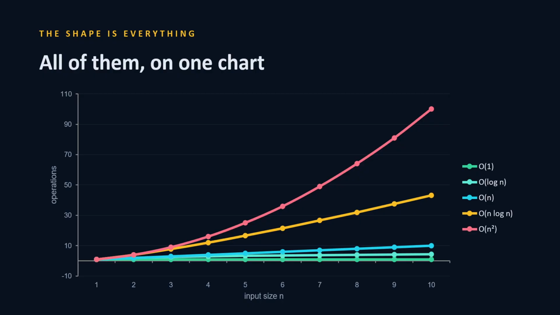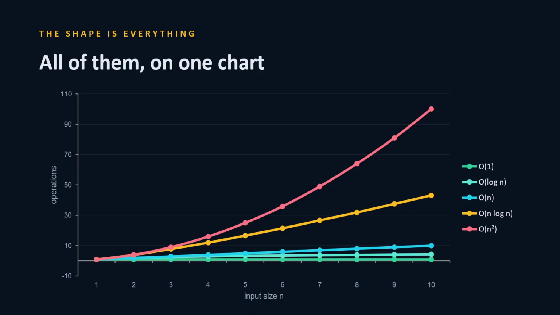Put them all on one chart and the whole lesson lands in a glance. O of 1 is flat. Log n is nearly flat. It barely lifts off the floor. Linear is a steady diagonal, and n log n rises a little faster but stays reasonable. And n squared, that's the one that turns and shoots straight up.